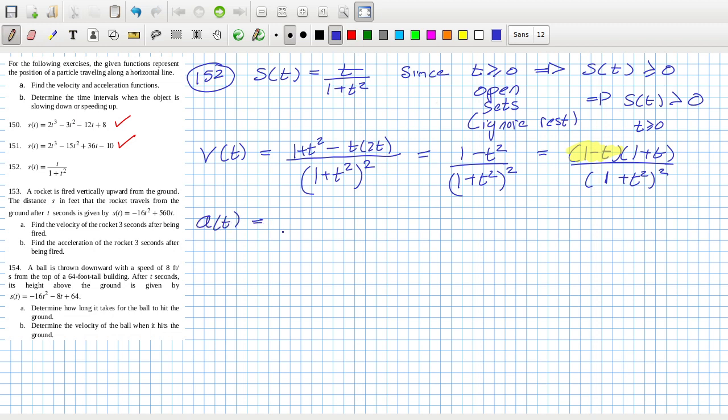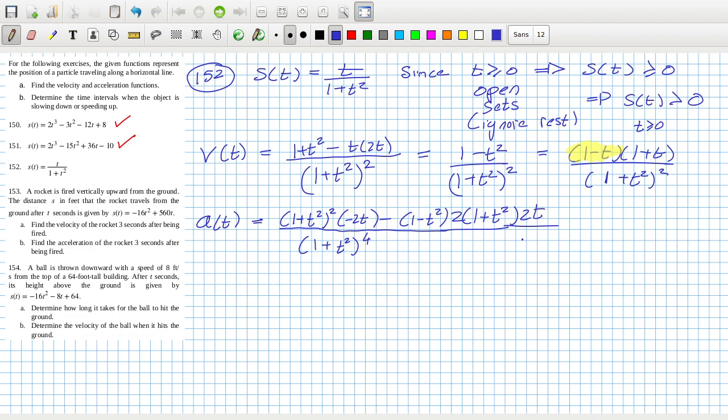Acceleration is the bottom squared, and then the bottom times the derivative of the top, which is minus 2t, minus the top, 1 minus t squared, times the derivative of the bottom, which is 2, 1 plus... I don't know if the chain rule has appeared yet, but you can expand it out if you want to, but it'll also work out to be the following, times 2t.